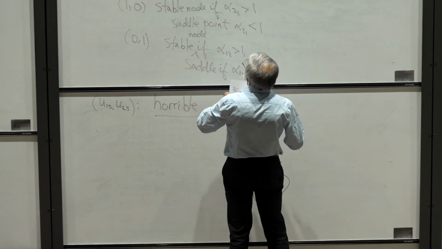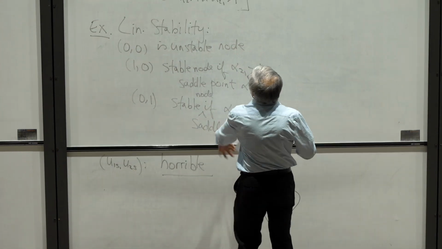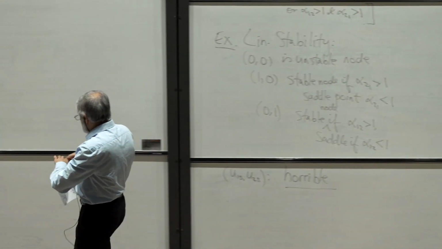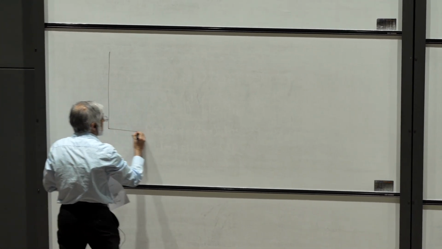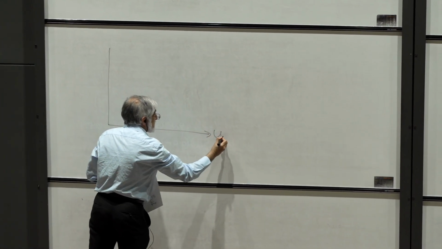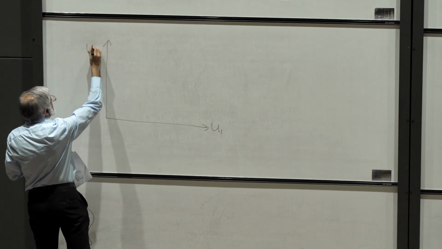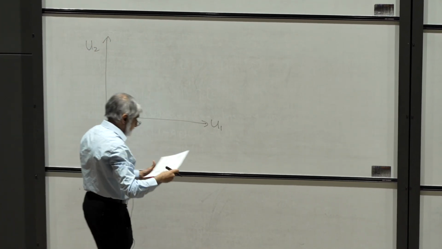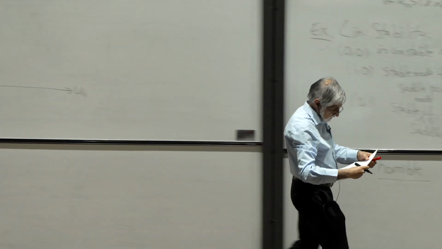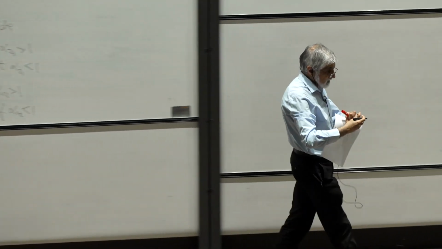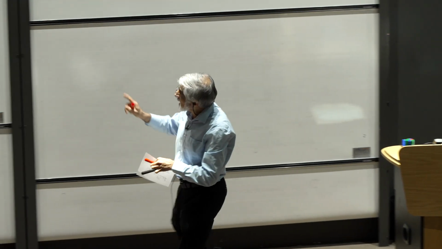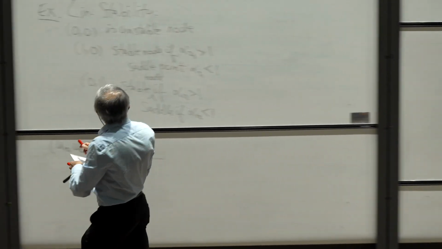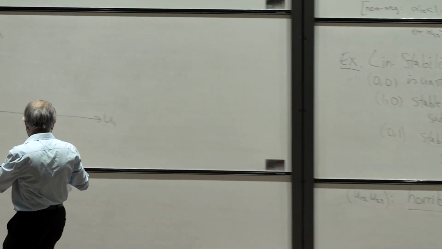So let's come down here a bit. Now if we think about the phase planes, we've got U1 could be 0.